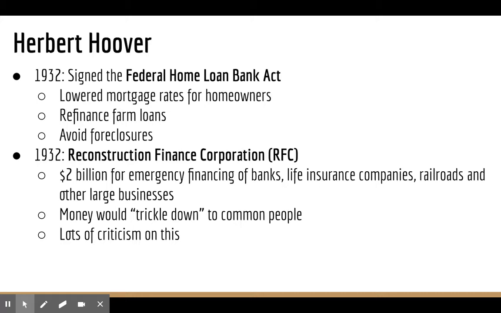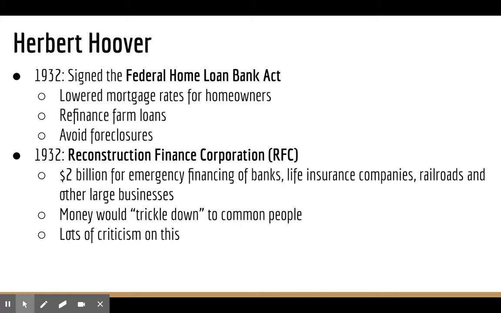In 1932, he signed the Federal Home Loan Bank Act. It lowered mortgage rates for homeowners and refinanced farm loans for people. And all of this was to avoid foreclosures. So this one's a really good success, something that Hoover did that was done well. He saw that people were losing their homes and that they were in threat of losing their farms.